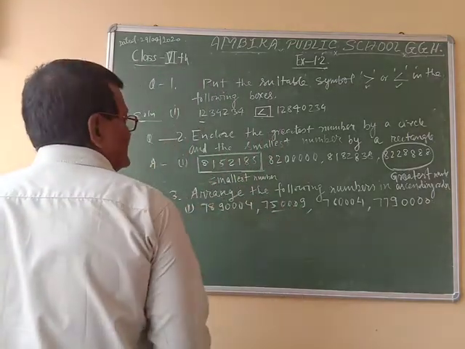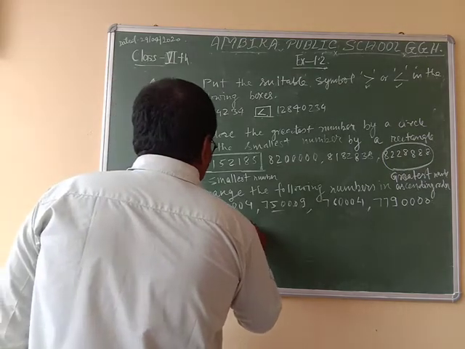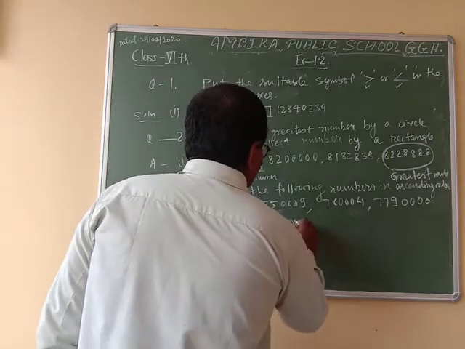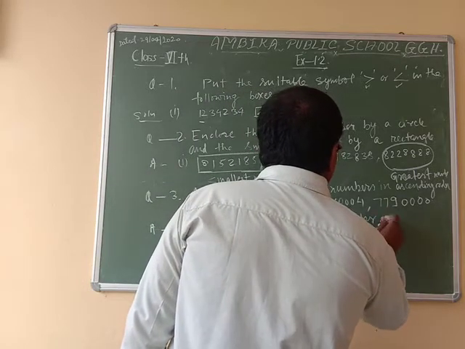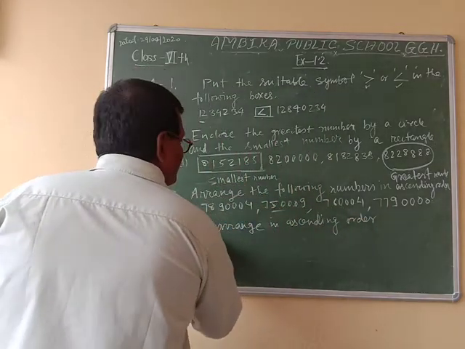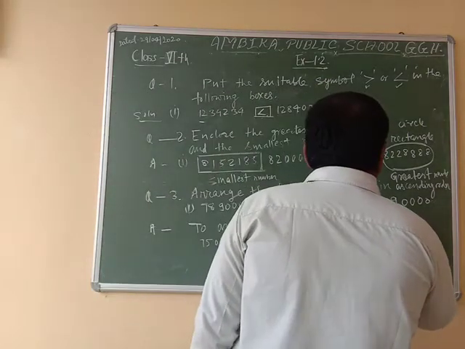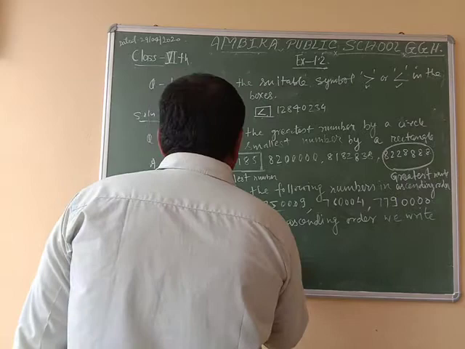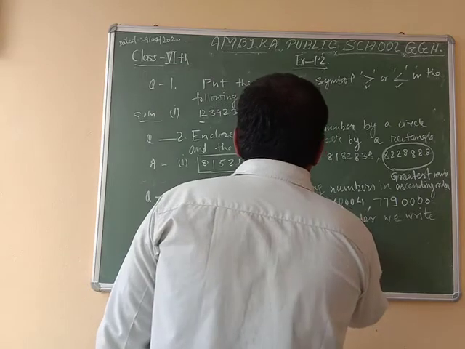So we write it first: 7,50,309 is less than 7,60,004.